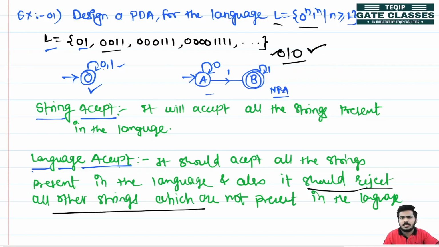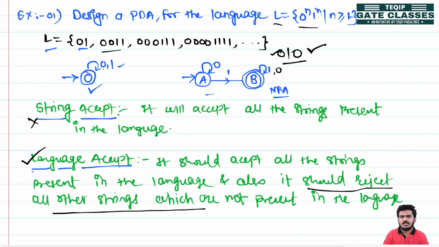In this automata also this string is accepted: 0, 1 and then 0. Sorry, for 0 there is no transition, so there it can go to the dead state. But if I add a 0 here, then it is accepted by this finite automata. So that's why we are not focusing on string accept finite automata, we need a language accept finite automata.